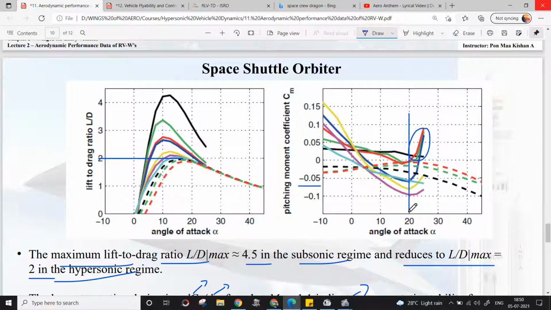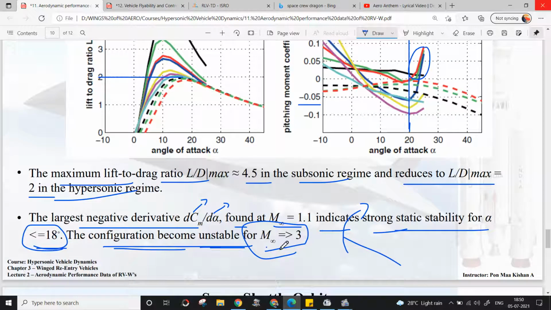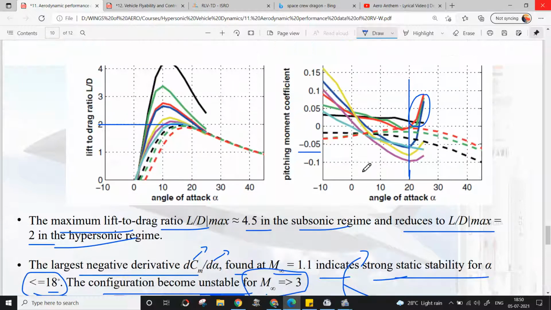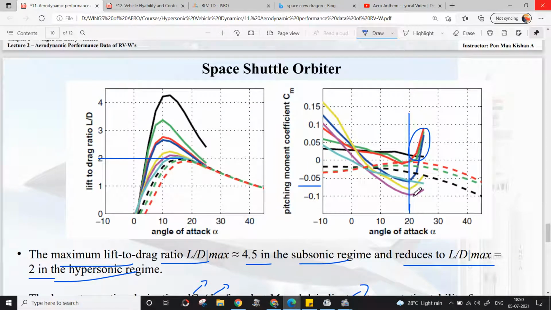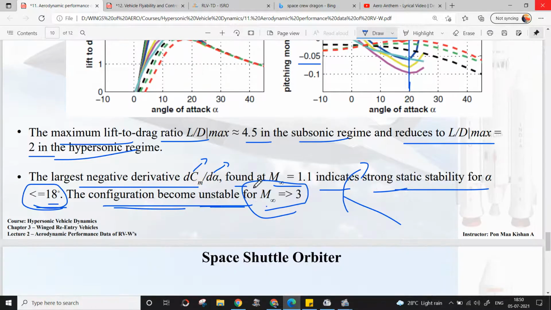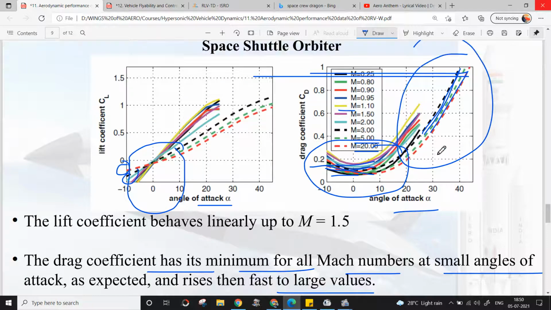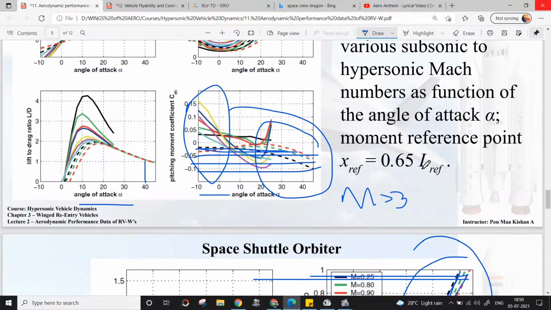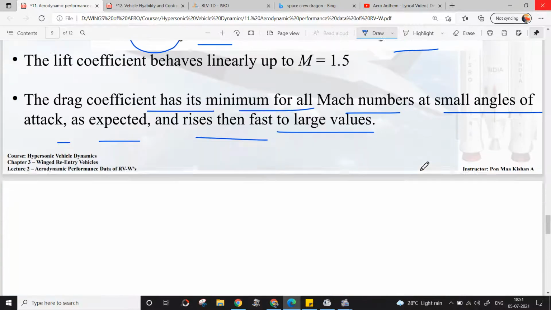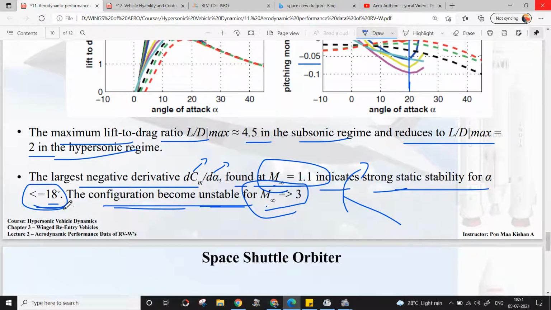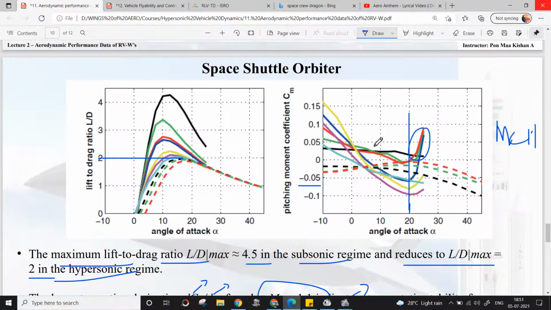That's the criteria. So that's why they have clearly indicated that we have to fly at less than 18 degrees when we are reaching a speed of less than Mach 1.1. Because we are decreasing the speed, right? Speed is not going to increase. So when the vehicle is coming to Mach 1, we have to reduce the angle of attack to less than 18 degrees.